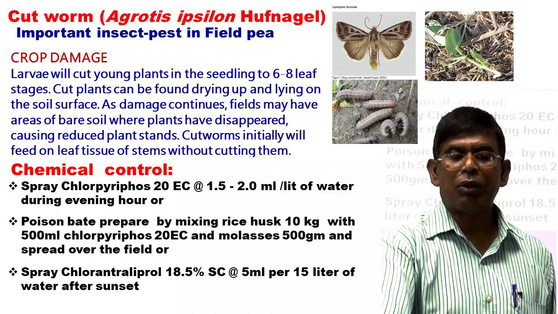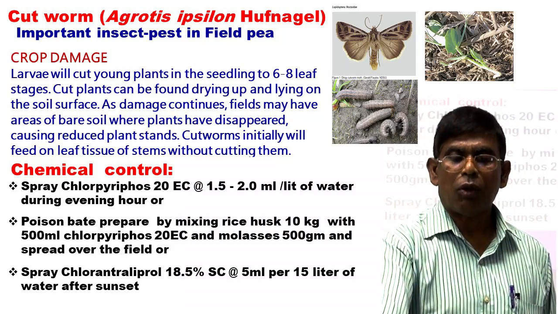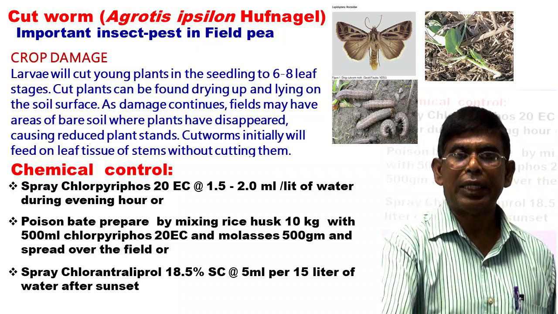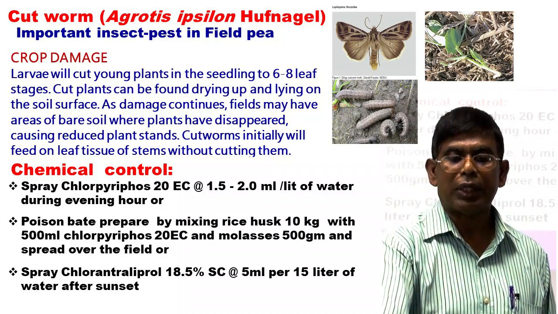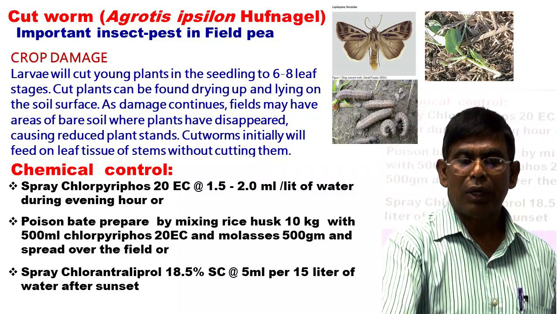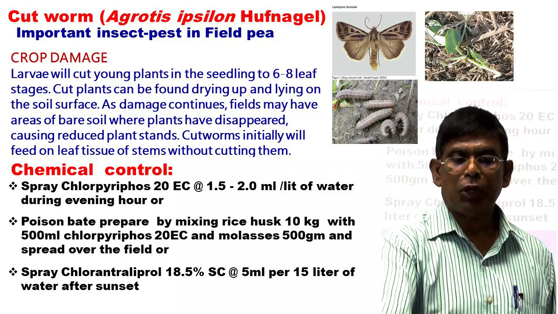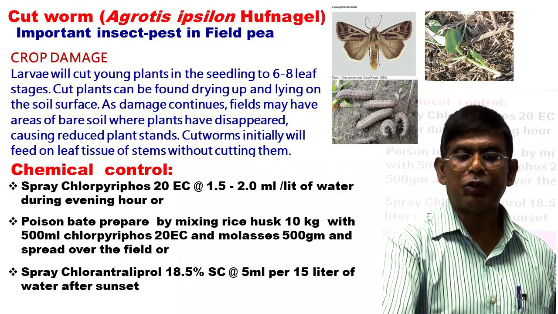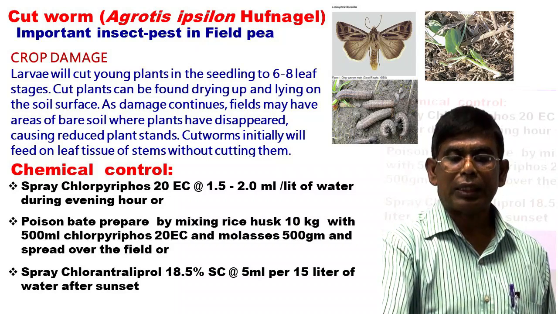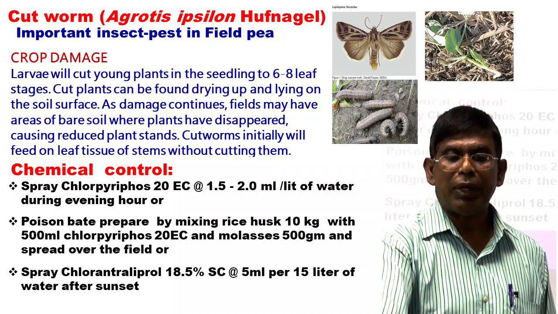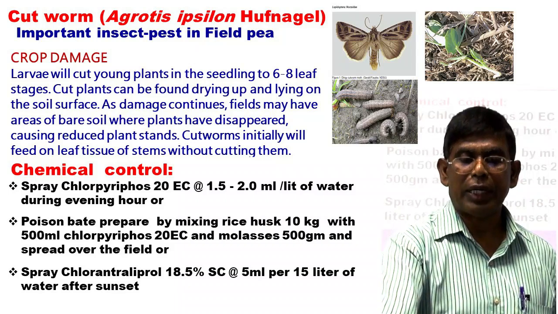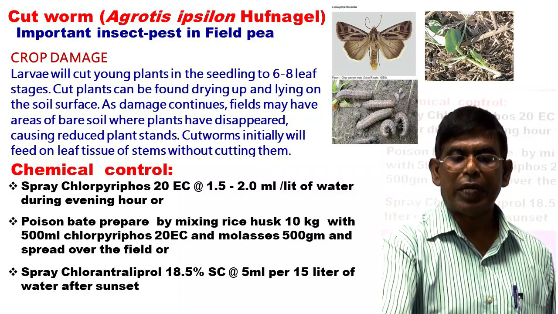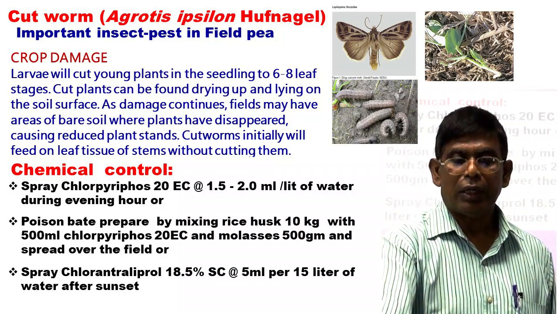For its chemical control, you have to spray chlorpyrifos 20 EC at the rate of 1.5 ml to 2 ml per liter of water during evening hours. Or you can use poison bait, which can be prepared by mixing 10 kg rice husk with 500 ml chlorpyrifos along with molasses 500 gram, and that bait can be spread throughout the field.